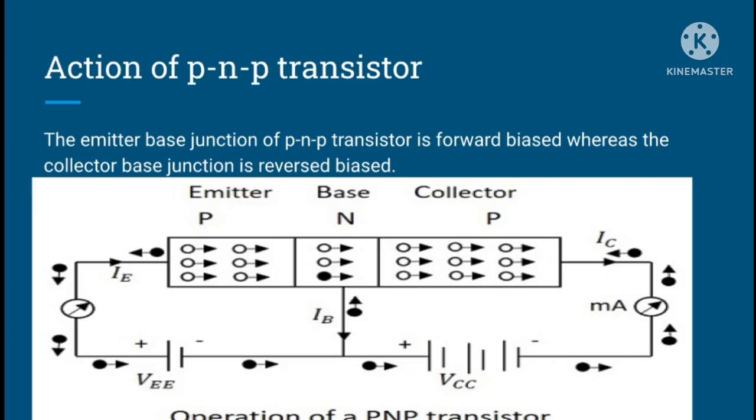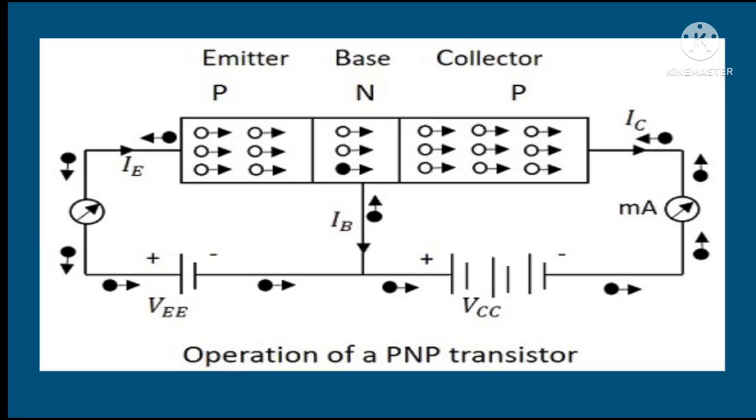At the emitter there is p-type semiconductor, so holes are the majority carriers in the emitter, and they are repelled by the positive terminal of the cell VEE towards the base and diffuse through the emitter base junction. Due to this, the barrier potential of the emitter base junction decreases and the holes enter the n region, that is the base.